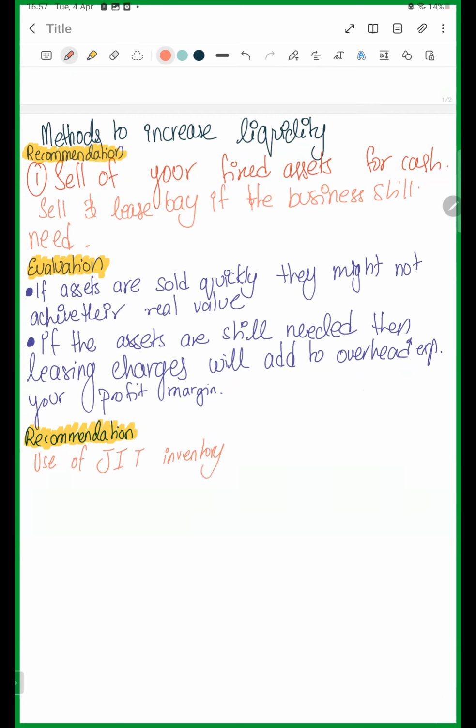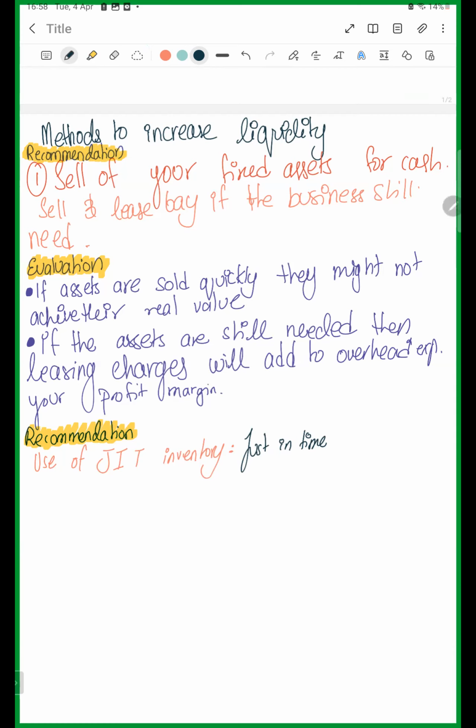Do you remember what JIT is? Just in time inventory is part of lean production. You basically order the inventory when you need it. That way you'll be saved from stock holding cost, warehouse cost, security cost, insurance. You just order when you need the stuff, right? So that way you're saving a lot of money, right?